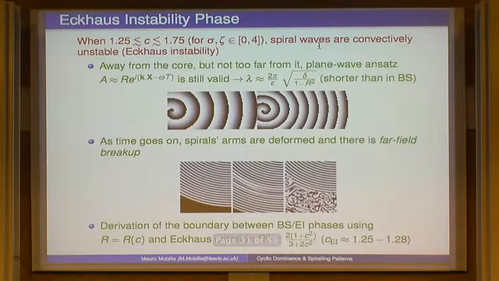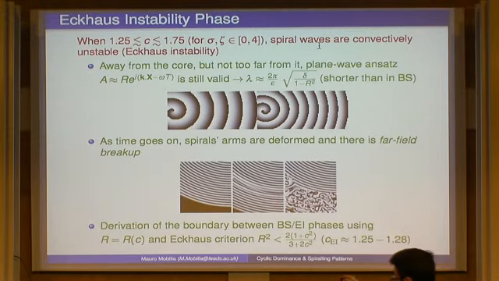dispersion relation. Then there is the Eckhaus stability phase, and in this case, what happens is that there is an instability that grows, and that is convected away. So what happens is that near the core, we can still use the CGLE and the plane wave ansatz to predict what happens and obtain an estimate of the wavelength, which is just shorter than what we obtained in the bound state phase.